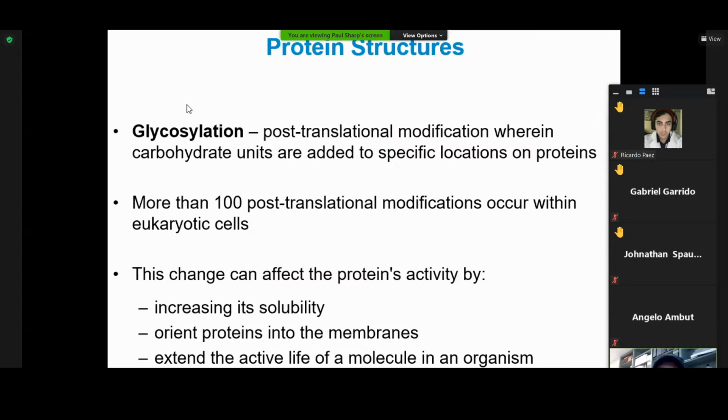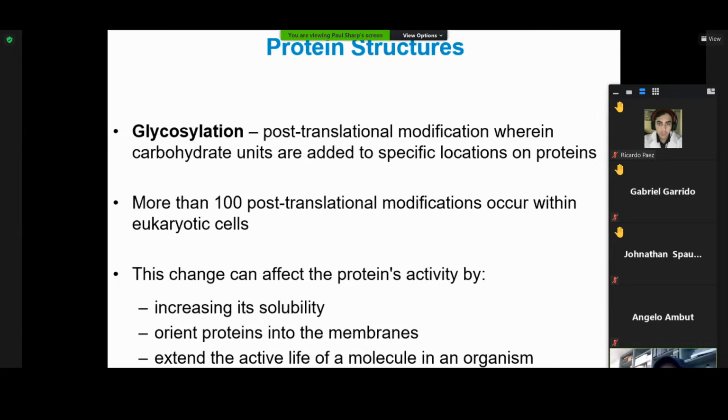An example of these post-translational modifications would be glycosylation. Glycosylation is the adding of carbohydrate or sugar units to specific areas on a protein. That can affect, number one, the longevity of the protein: how long is that protein going to be around before it gets recycled or eliminated?